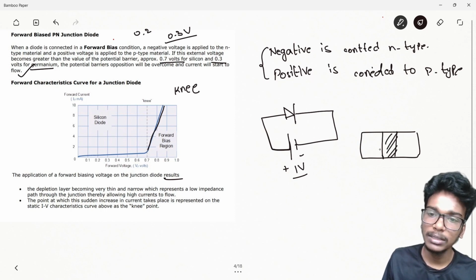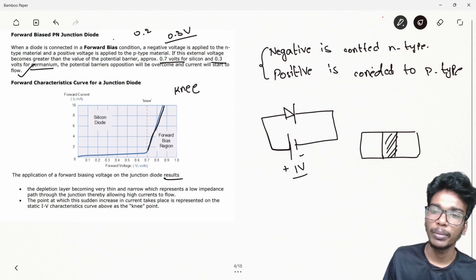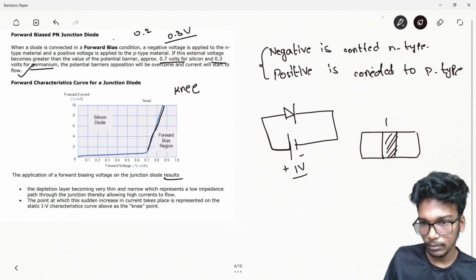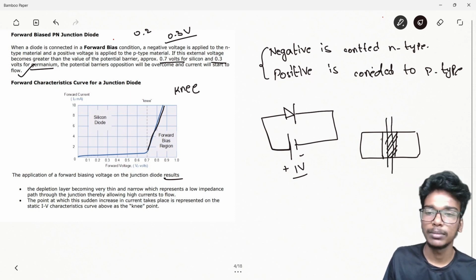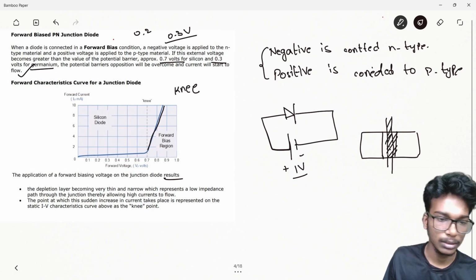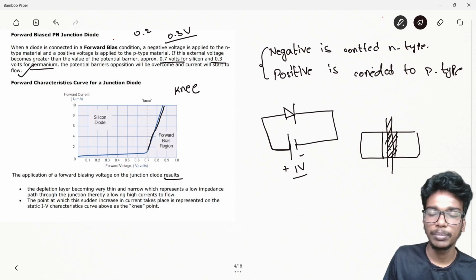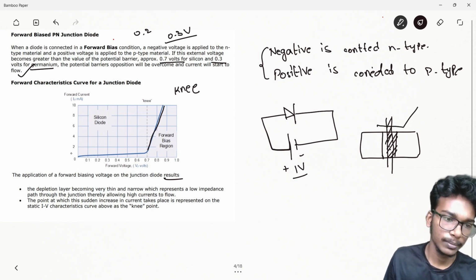If you connect this PN junction diode in forward biasing, the depletion layer becomes thin, it might become this size. Because of the thin depletion layer, the current starts flowing in a huge manner.